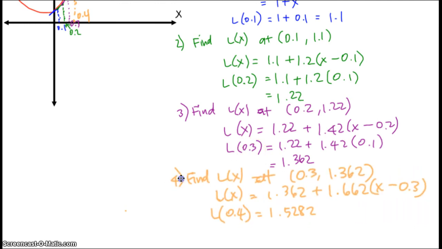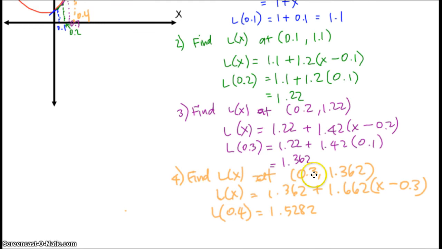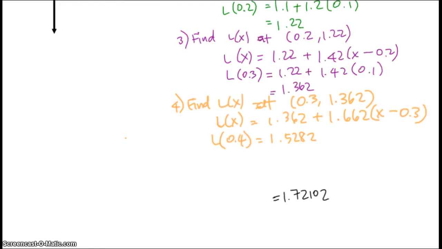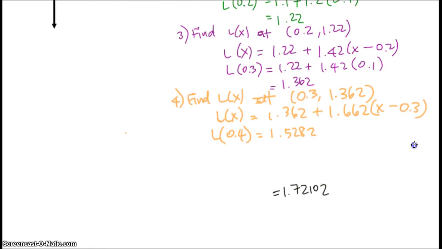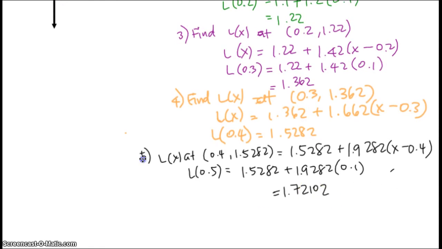So you can find the next linearization model at 0.3, right, which is this equation, plug in 0.4. Oh, there's my final answer. That's after you plug in, you do it one more time, find the linearization at 0.4, and then plug in 0.5. So your final approximation is going to be this value right here.